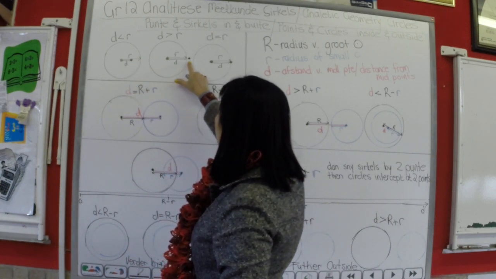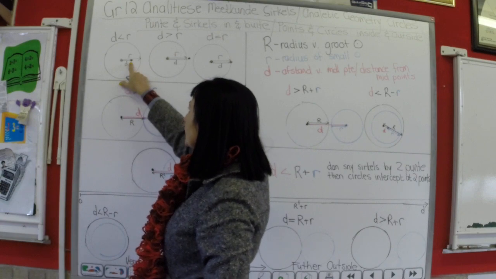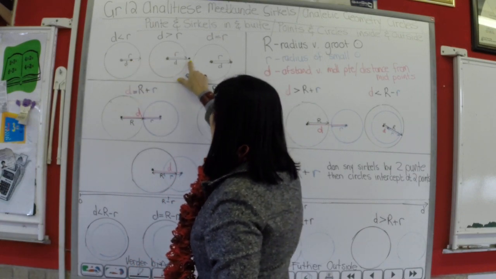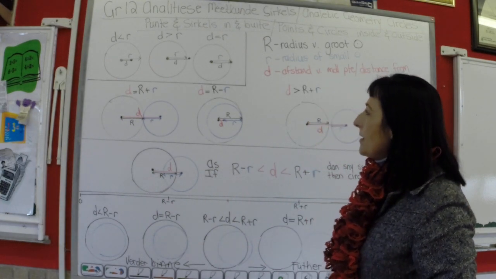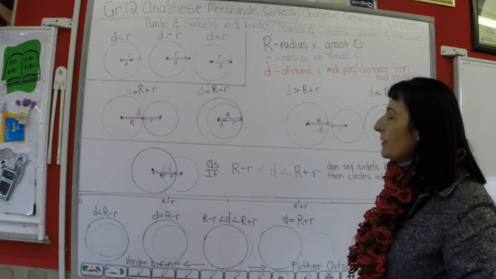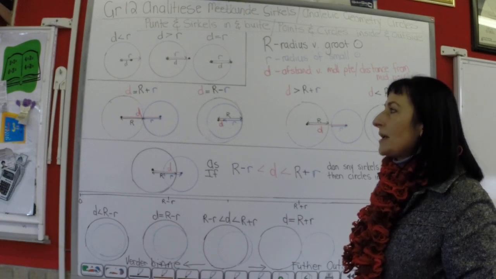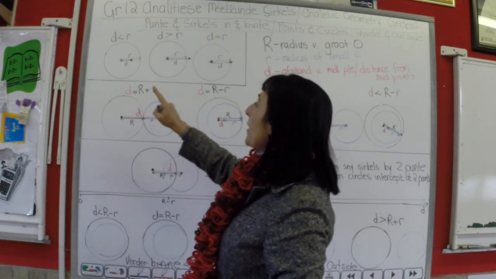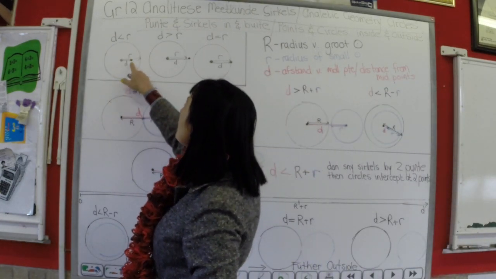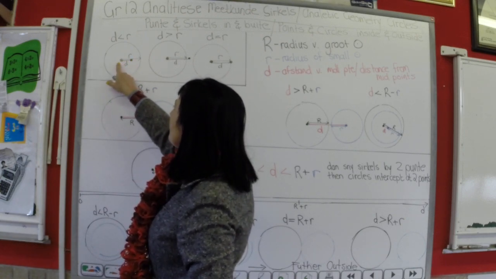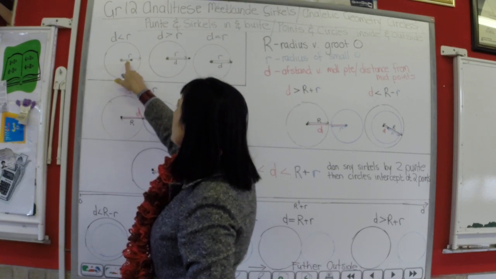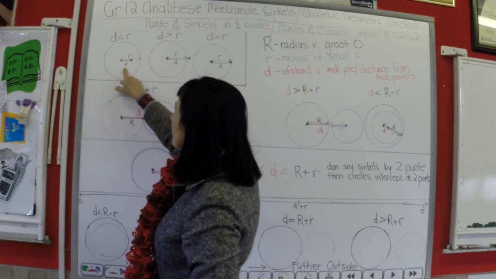En dan het ons 'n punt, dis 'n punt aan die binnekant van die sirkel, 'n punt aan die buitekant van die sirkel, and then we've got the point exactly on the perimeter of the circle. So now we can clearly see when a point is within the circle, then the distance between the midpoint and that point is d.